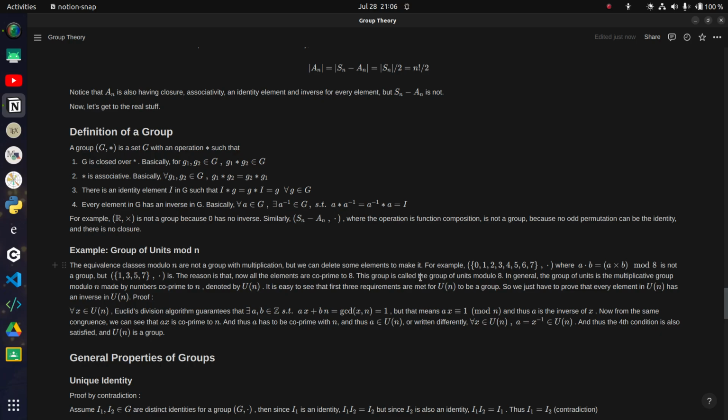I mean, they do not have any prime factors in common with that number, right? So that's still there, so there's closure. There's an identity element because 1 is of course co-prime to every number, so that's always there.